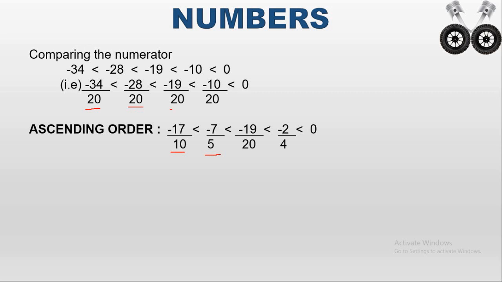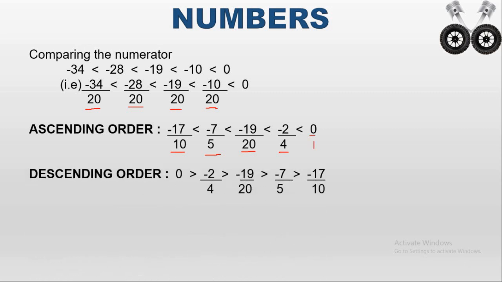And then the third smallest number is minus 19 by 20. So in the problem itself we have minus 19 by 20. So we can write it as it is. And then the fourth smallest number is minus 10 by 20. That can be written as minus 2 by 4. And the last one is 0. 0 is also a rational number because 0 can be written as 0 by 1.